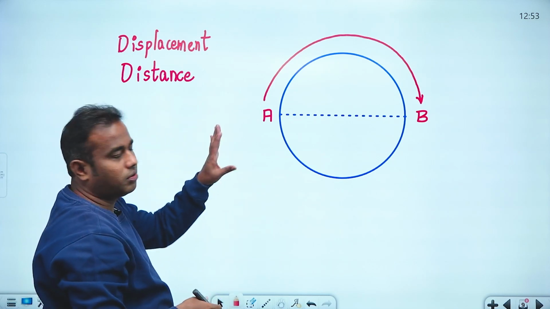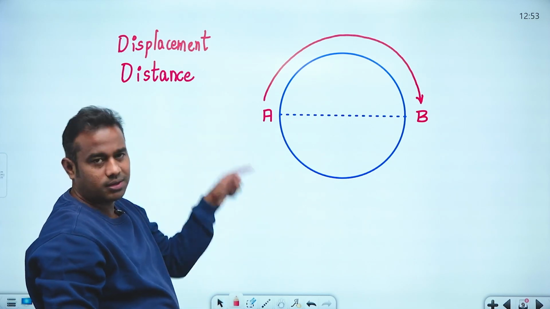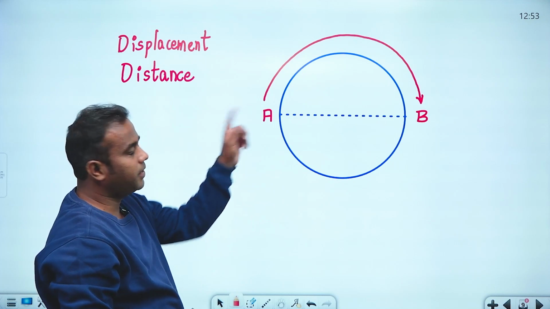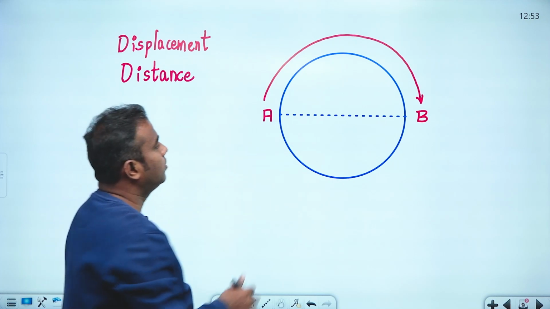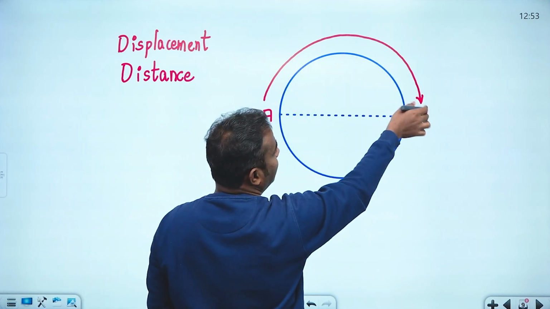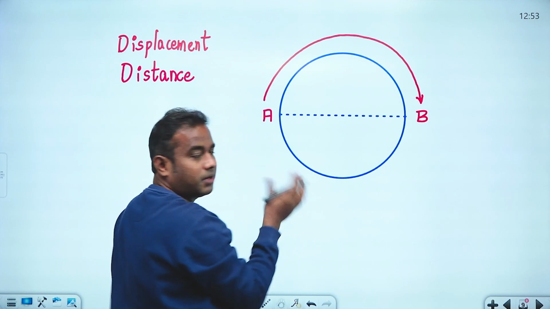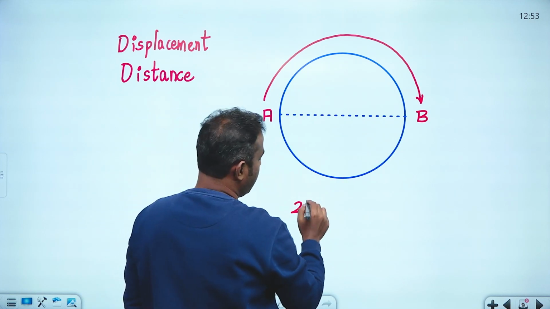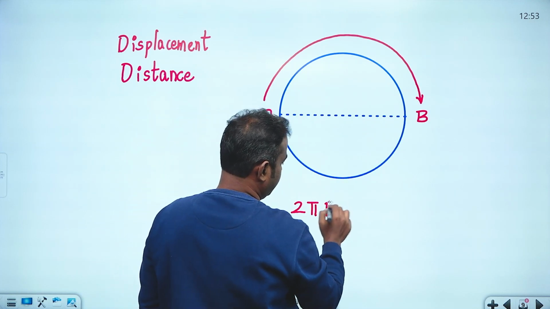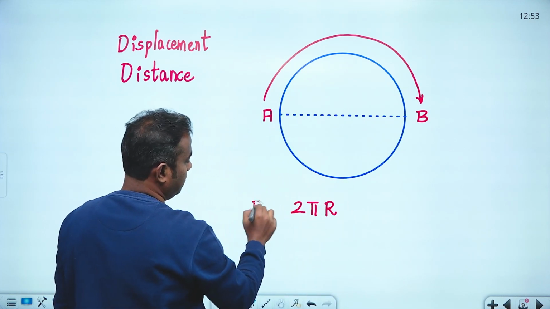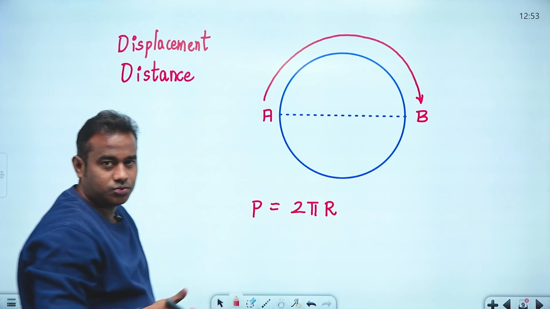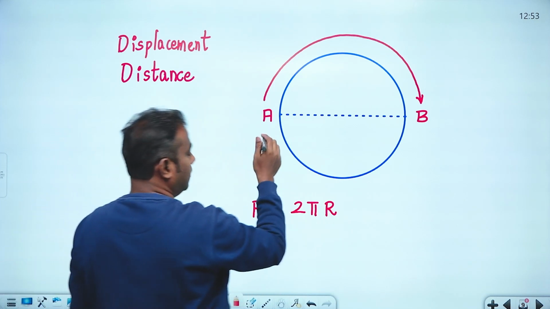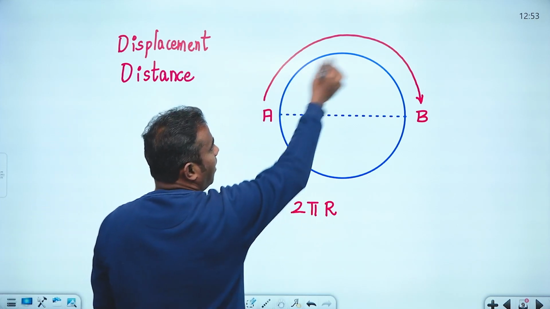The distance here, we know that this is a circular path, basically a perimeter of a circle. Here you have traveled half of the perimeter. The total perimeter of a circle is 2 pi r, and this is half of the perimeter.